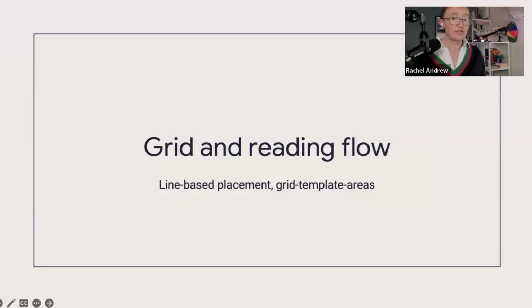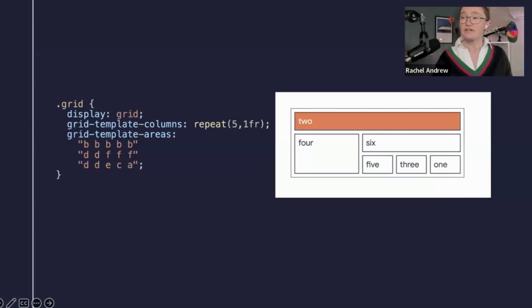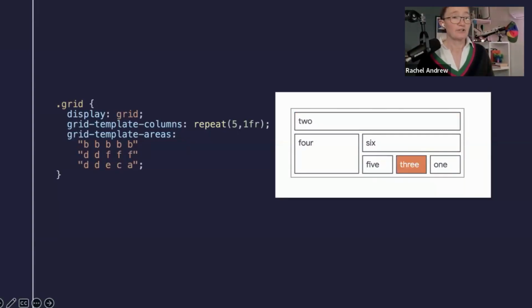So then there's the other thing that you can do with grid, which is where you place the items yourself. Now here you've at least got control over how they're laid out. But I think the use case that tends to come up is people saying, well, on small devices, I'd like to be able to take this item and have this first or move things around. And this is where I think reading flow is going to be really useful. So here's a very messy layout created with grid template areas that completely jumbles up the tab order.